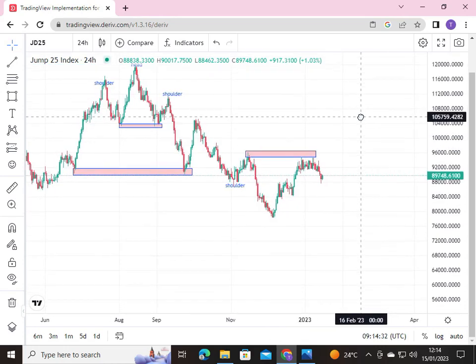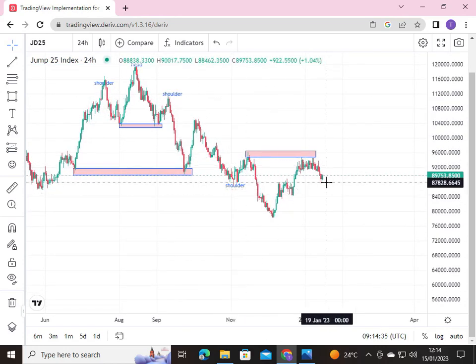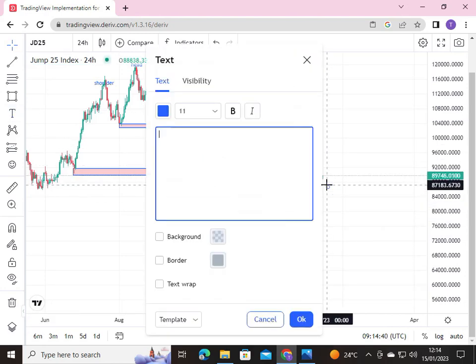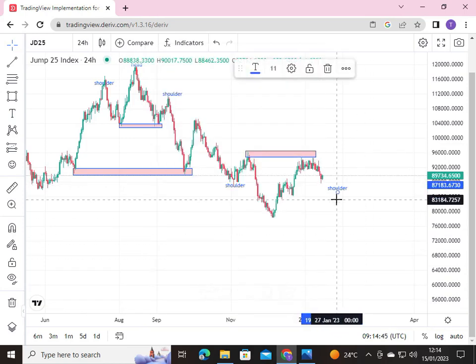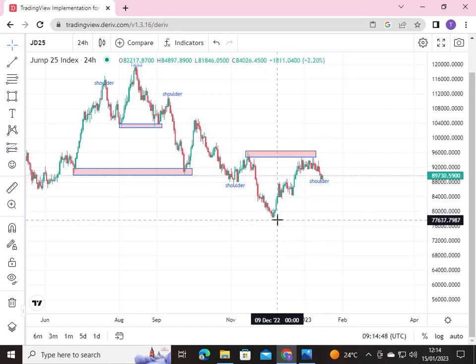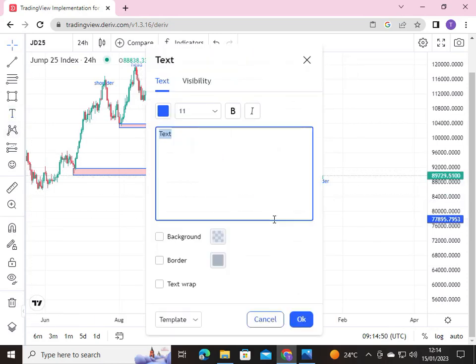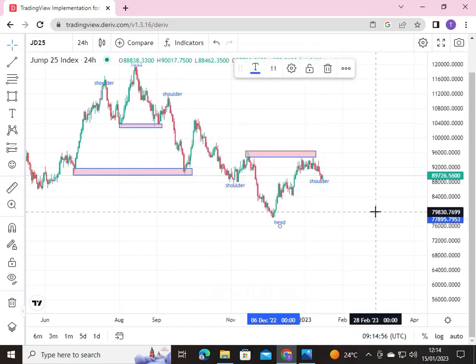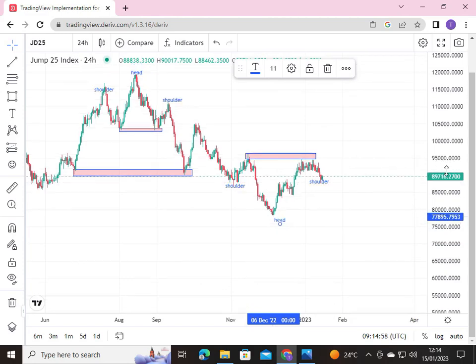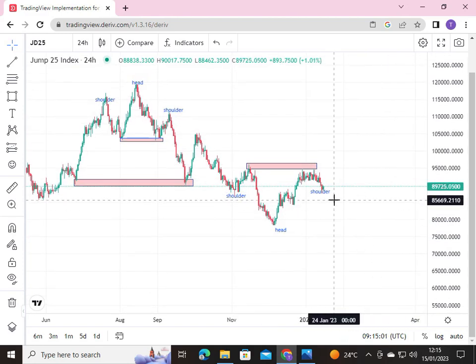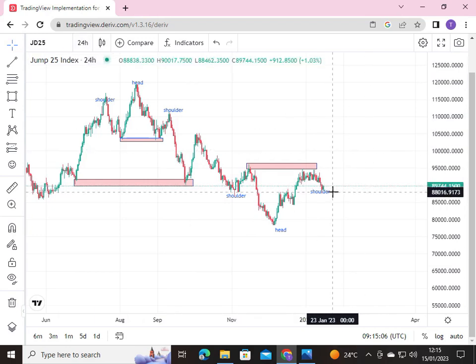I don't know why it's not copying. This is the other shoulder, and this is the head. You can clearly see this is an inverted head and shoulders pattern at a higher time frame of 24 hours. So it's giving you a buy signal.